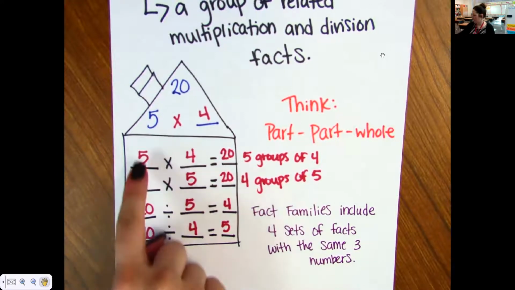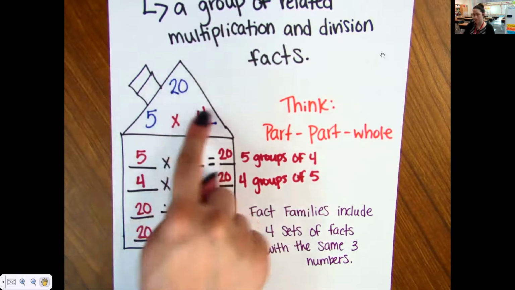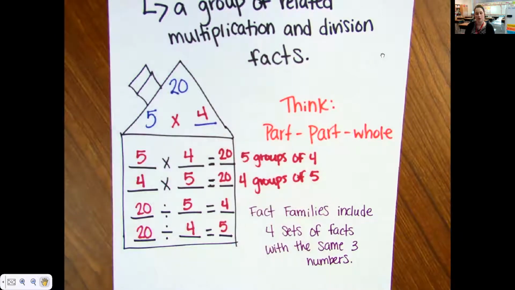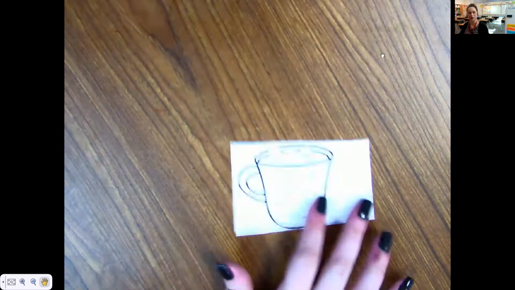So I have 4 facts with these 3 numbers. So I'm going to remember that I have 4 facts with 3 numbers. Okay, so that's a big thing that we've got to remember with our fact families. So I have 2 of them I'm going to do for you. So this is my first one.